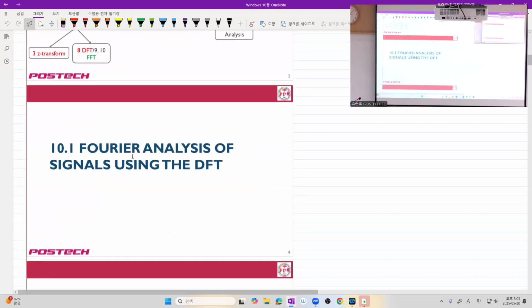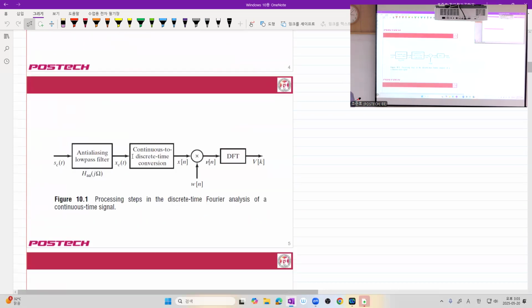So the title of the first section is Fourier analysis of signals using the DFT. And you may say that, hey, we've already done this. You are half correct. So let's see this block diagram. Suppose you have a continuous time signal.